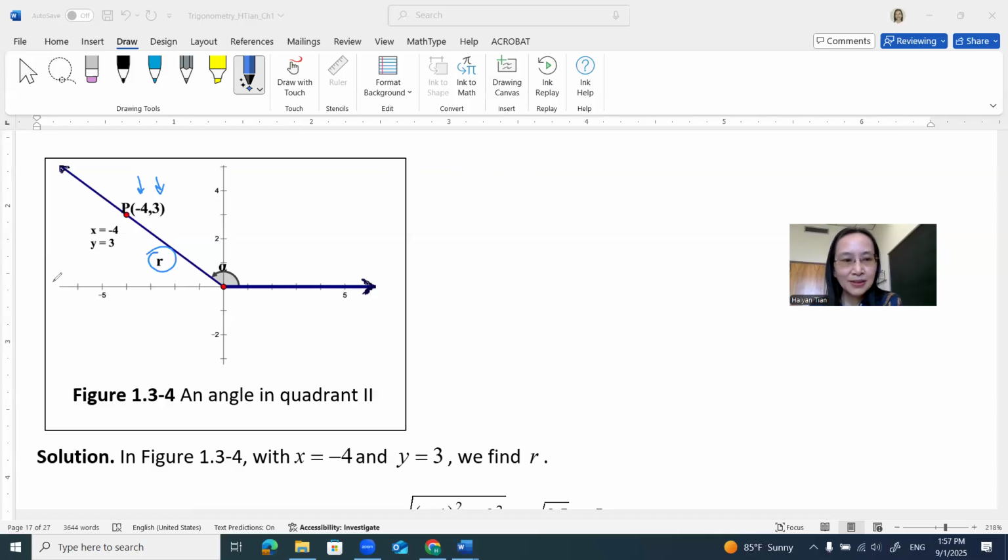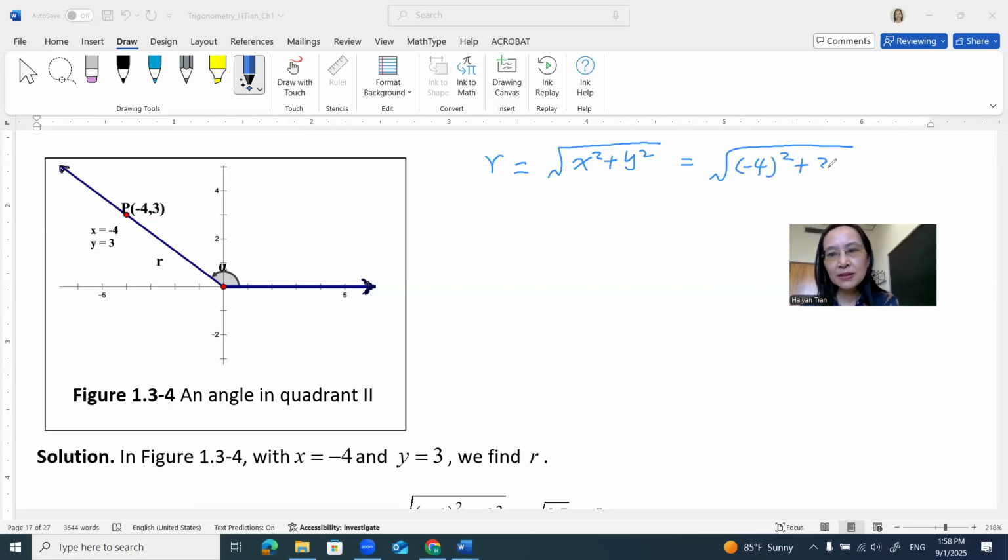R is the distance from the origin to the point P. So we just get r first, which is the square root of x coordinate squared plus y coordinate squared.